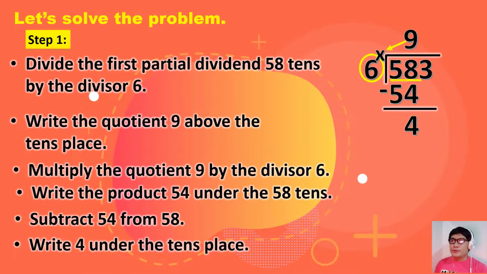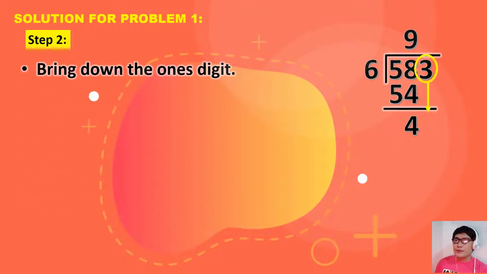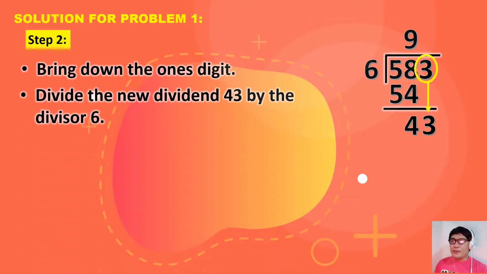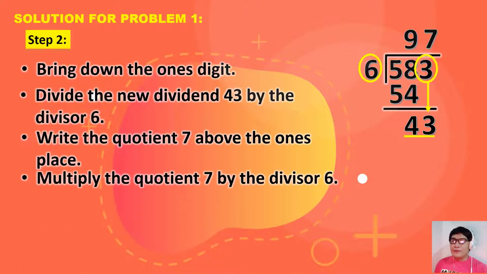Step number 2. Bring down the ones digit, which is 3. Divide the new dividend 43 by the divisor 6. Write the quotient 7 above the ones place, because 43 divided by 6 is equal to 7. Then multiply the quotient 7 by the divisor 6. So 7 times 6 equals 42.